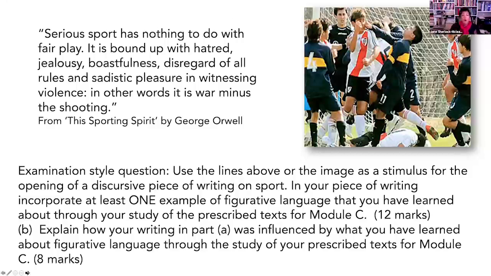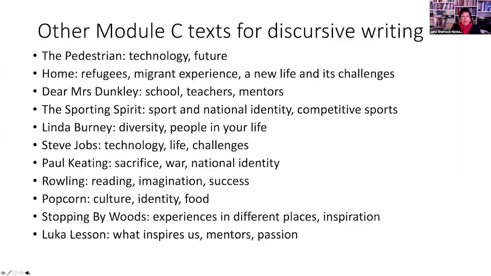Wouldn't that be a wonderful springboard into your own piece of writing about the salary cap, or about when Super League was around, or about the issues involved with when the rugby league has returned to playing. If you have a look at your Module C text, all of those not only will give you some ideas about the craft, but it will give you some ideas about what topics you could write about.